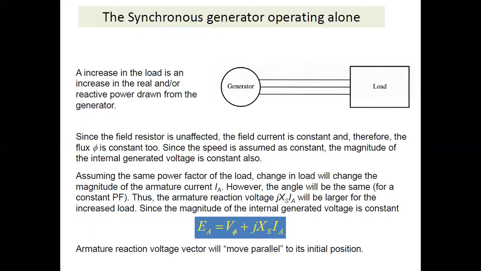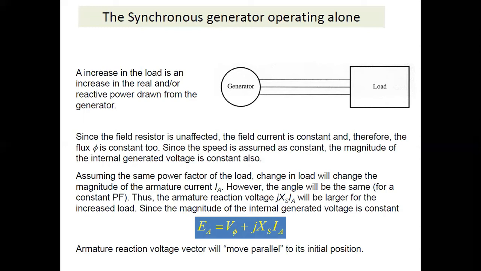That is, EA is equal to the terminal voltage plus the drop across the synchronous reactance XS into IA. The armature reaction voltage vector will move parallel to its initial position.